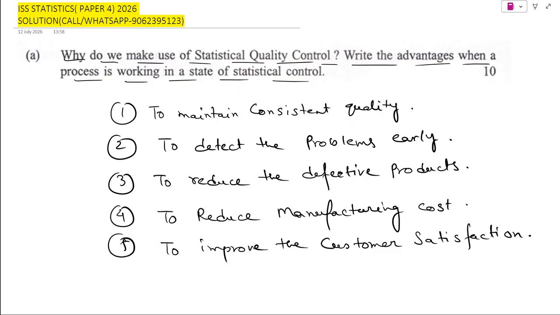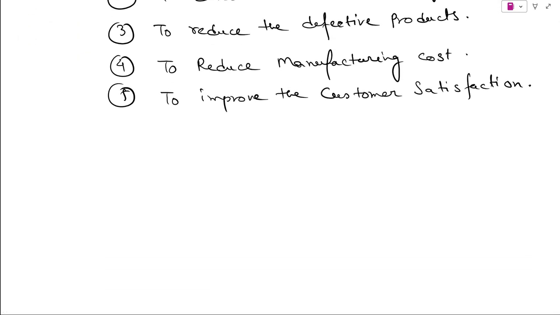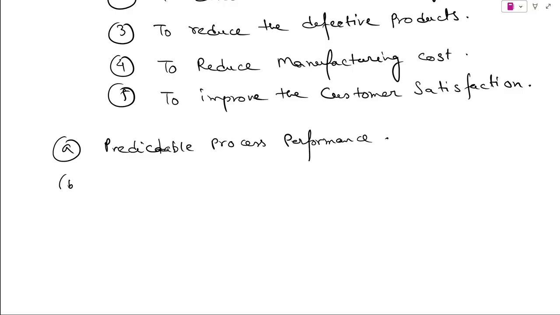Now, what are the advantages of the statistical control? First point will be predictable process performance. Second will be uniform product quality. Third will be reduced production cost.